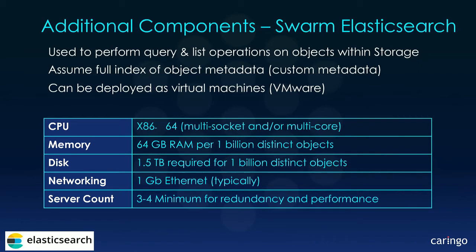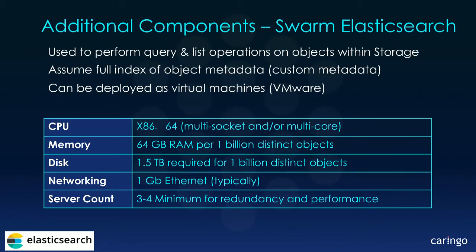When we size this, we assume a full index of all object metadata, and that includes any custom metadata that you may have associated with the objects that you stored in the system. And primarily, this is going to drive the amount of memory that you're going to need in Elasticsearch. Elasticsearch is very memory intensive. These can be deployed as virtual machines, or they can be deployed as physical servers, either way, depending on what you have available and what you feel more comfortable working with.